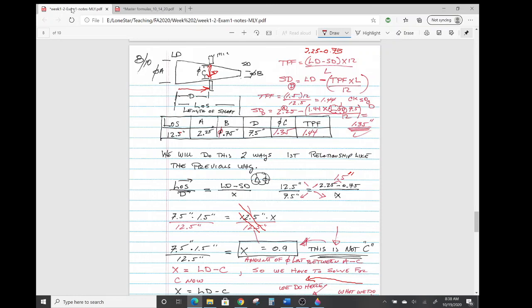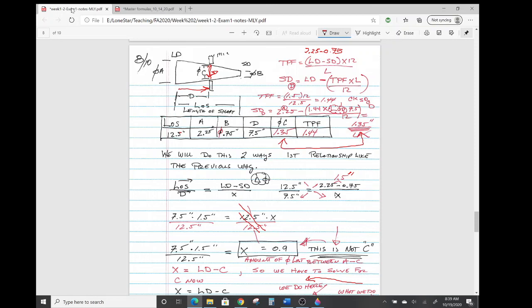Where did we see 0.9 before? That's right here, isn't it? Okay. Minus 2.25, which is what we did over here, right? Okay. Minus 0.25. And lo and behold, what do we get? We get 1.35 inches. Same answer we got doing it the relationship way is the same answer we get when we use the taper formulas.